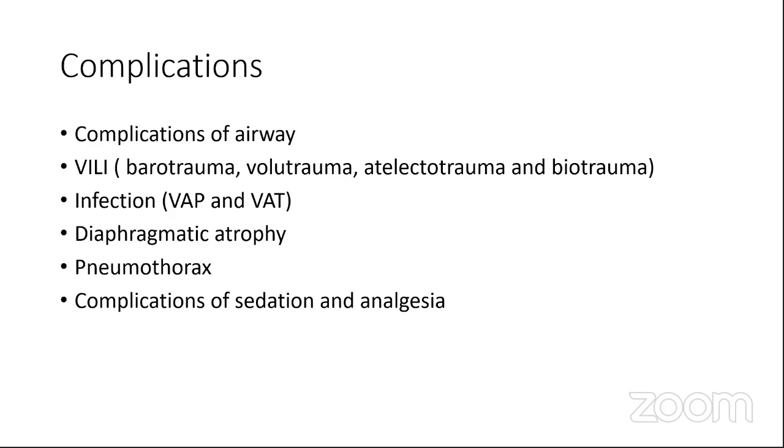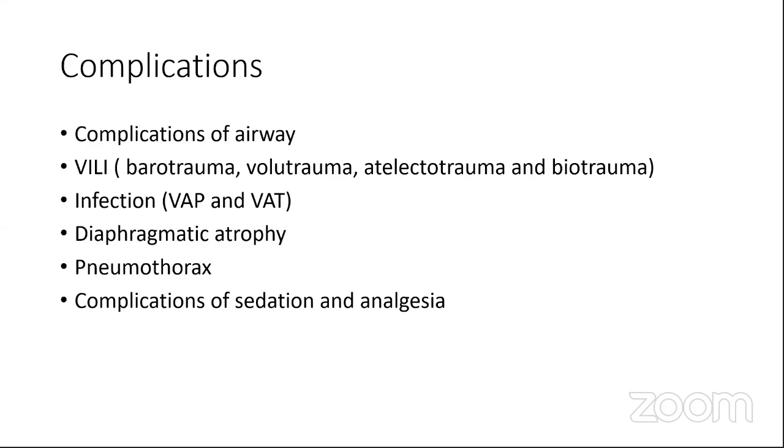But complications of mechanical ventilation itself are multiple, and they include what we call ventilator-induced lung injury, barotrauma, volutrauma, atelectrauma, and or biotrauma. These also include infection, ventilator-associated pneumonia, or ventilator-associated tracheobronchitis.